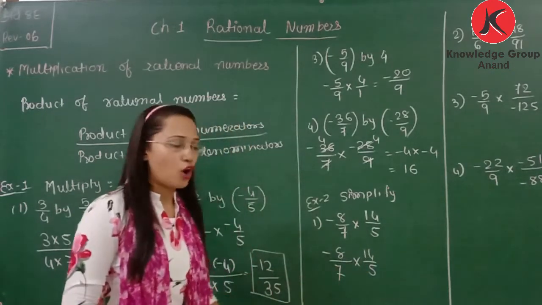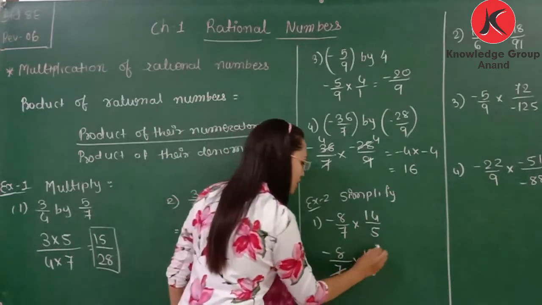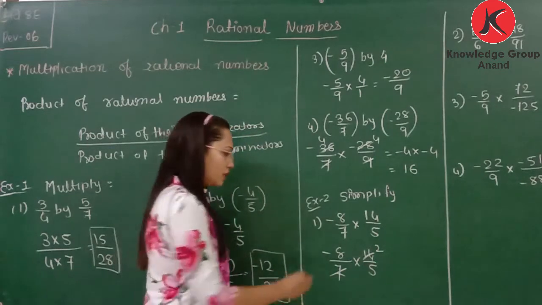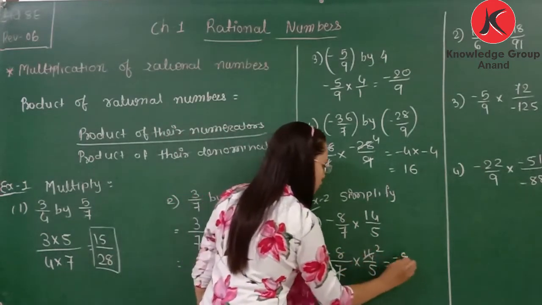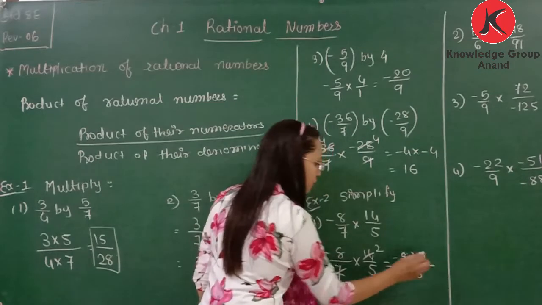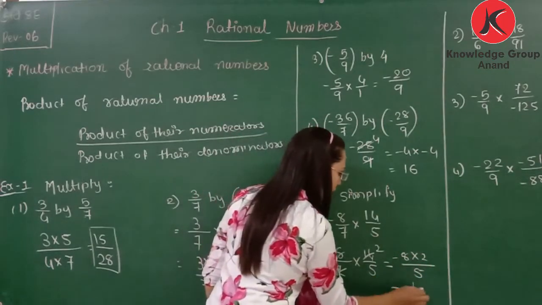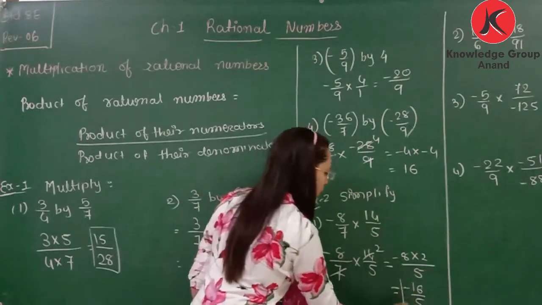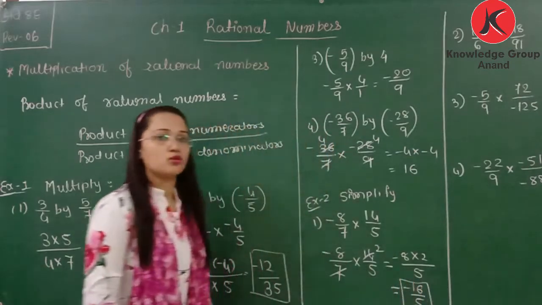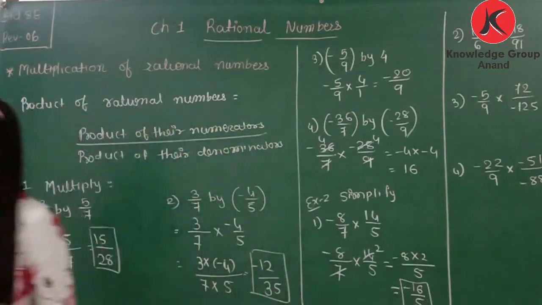Or you can cut the common factor, because you can see here 7 twos are 14. Now multiply minus 8 with 2, divided by 5 as it is. So we have minus 16 by 5. This way you can also solve the example.